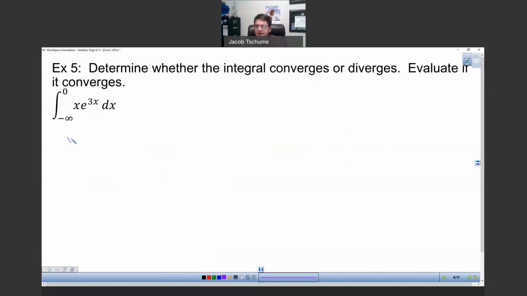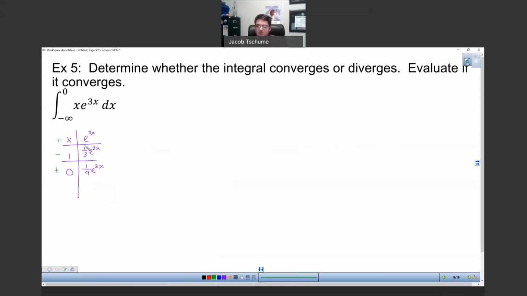But the nice thing about this integration by parts is that it can actually be done with the tabular method. Because if you take the derivative of x, you will eventually get to 0 after 2 repetitions, which means you need to integrate that many times as well. So e to the 3x integrates into 1/3 e to the 3x, which then integrates again into 1/9 e to the 3x.